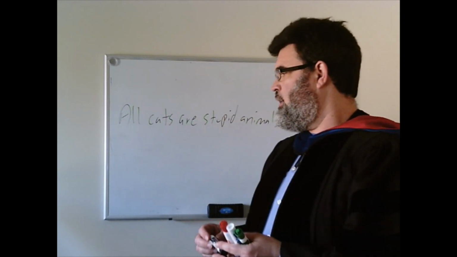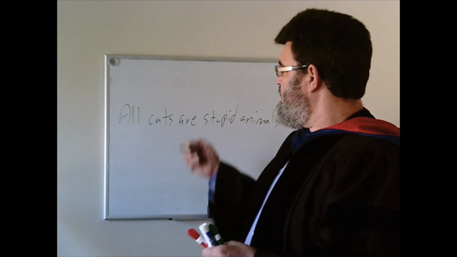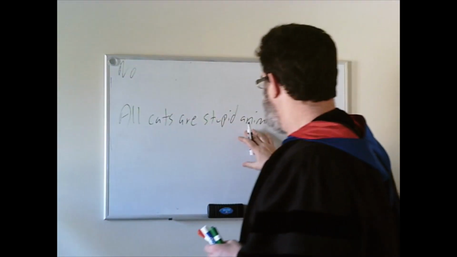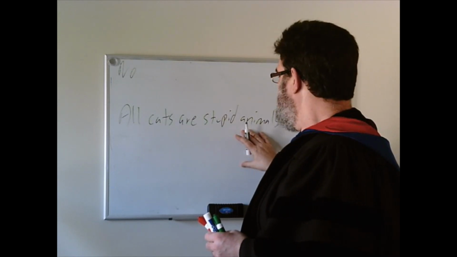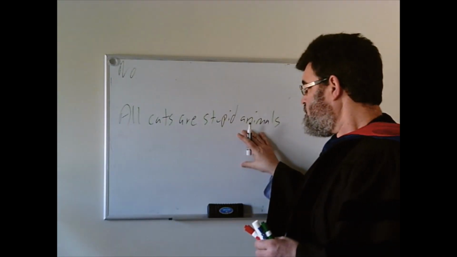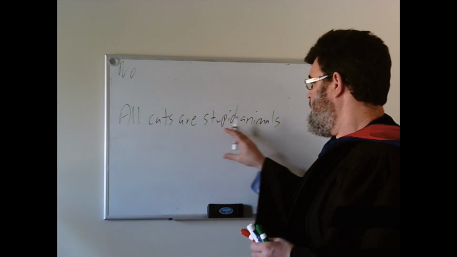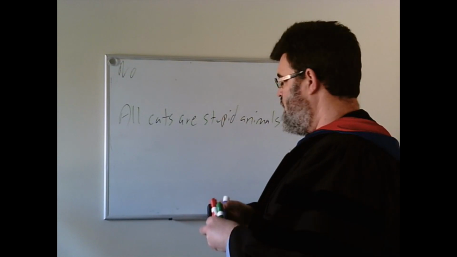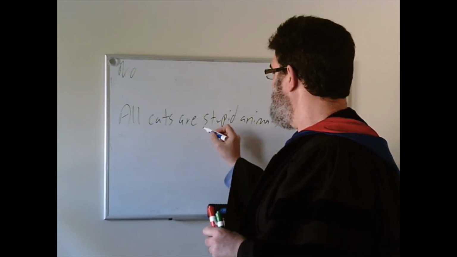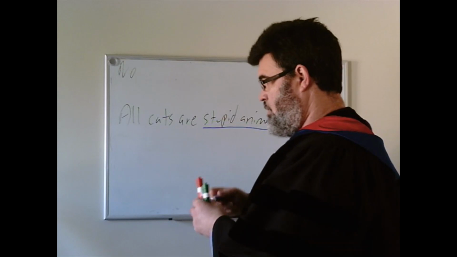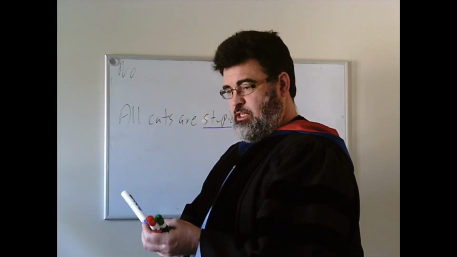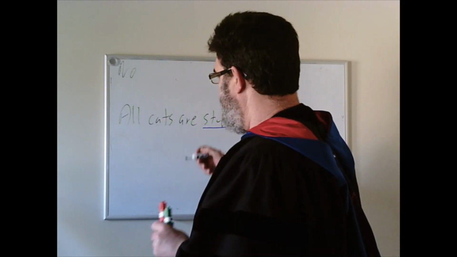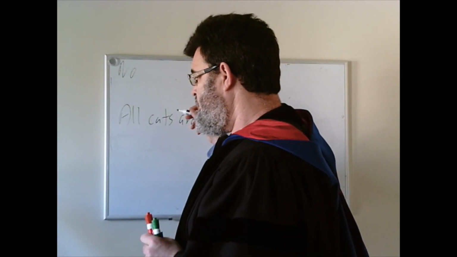I'm going to find the proposition in my original syllogism that has the words stupid animals, because as we recall, stupid animals is the major term. I don't have that major term in what looks like the major premise, but I have something that looks kind of like it.